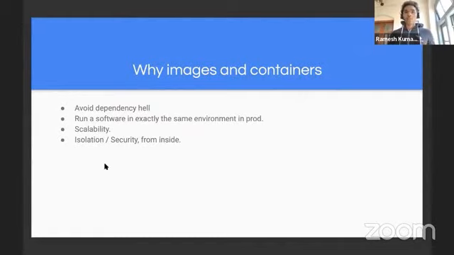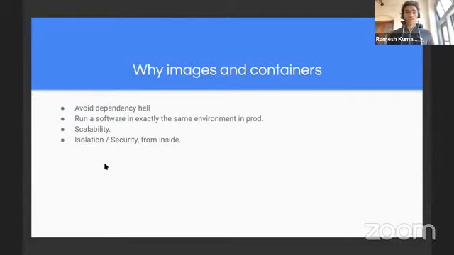With containers, you can schedule a set of containers to run on a single machine, and another set on another machine, and so on. That's what Kubernetes does, and I will talk about it. But scalability is what you can achieve. You can spawn thousands of containers and scale up and down as per your load. Containers and images provide a great underlying infrastructure for this.